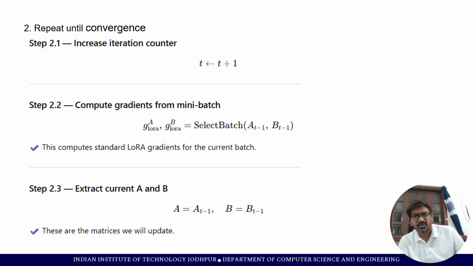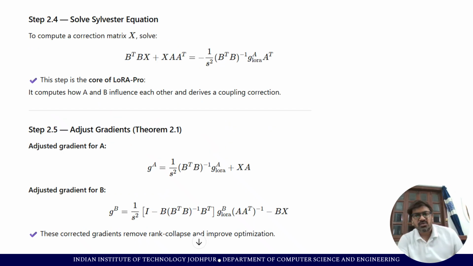Loop until convergence. Next, we enter the main training loop. We increment the time step and select a batch of data. Then we compute the standard LoRA gradients, let's call them G LoRA, using the standard backward pass. Then we solve the Sylvester equation and update. This is a critical step to find the optimal update direction.